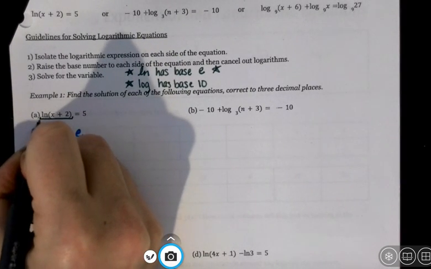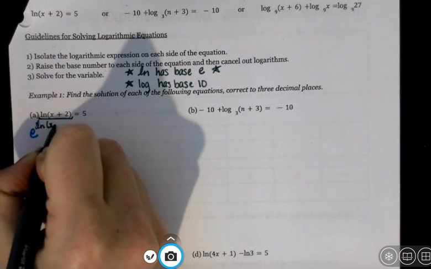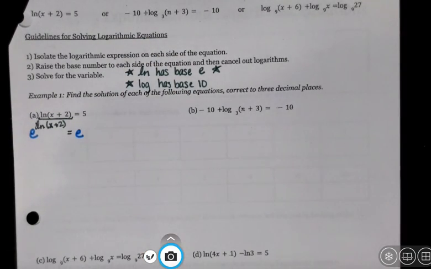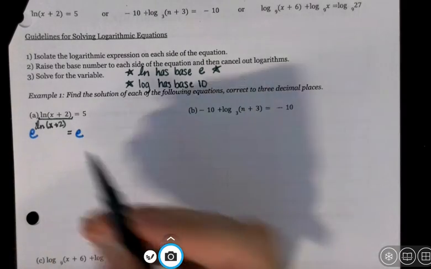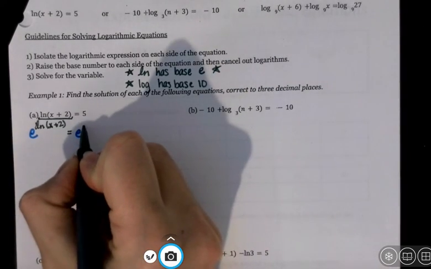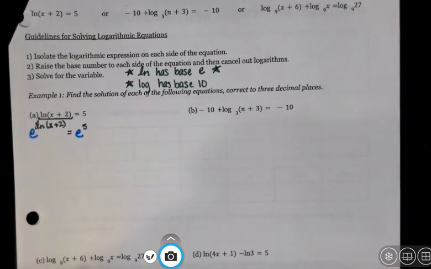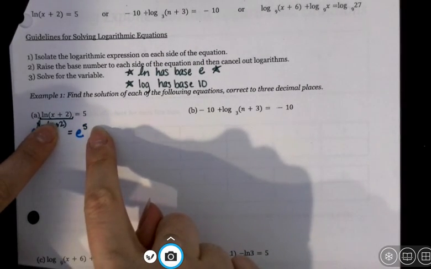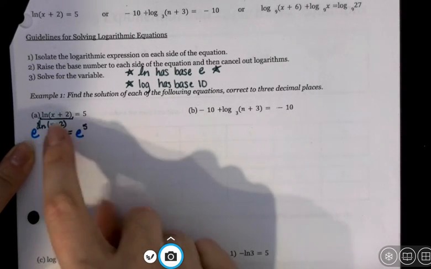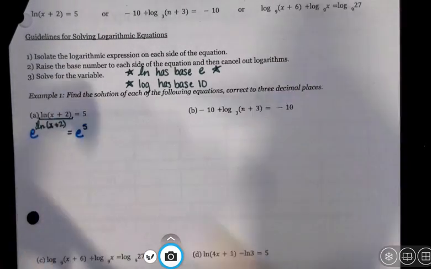So I have natural log of x plus 2 all as an exponent. And then on the right side, same thing. Whatever I do to the left, I have to do on the right. So this 5 becomes an exponent on e. So both sides became exponents on e. And the reason it's e is because that's the base on my natural log.